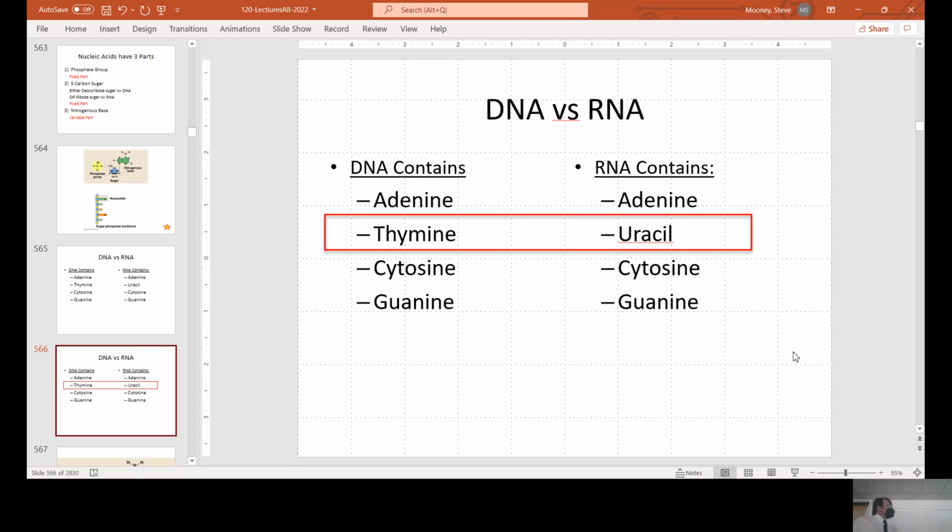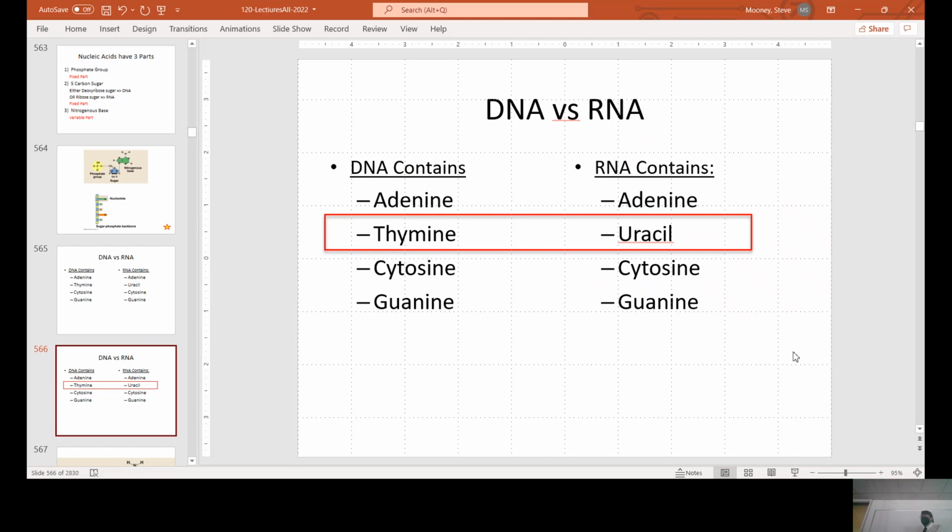So adenine, cytosine, and guanine remain constant as we move from DNA to RNA. As we switch from one to the other, the thymine becomes a uracil. The standard convention with these is we identify them by their first letter.